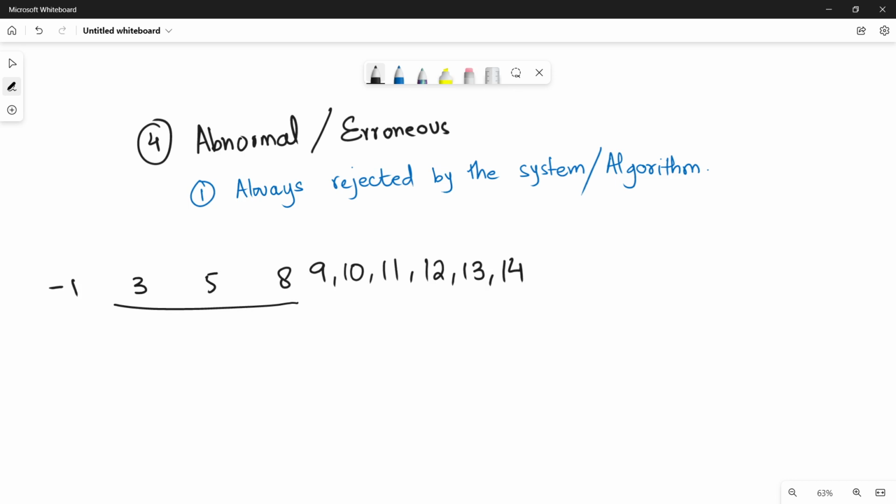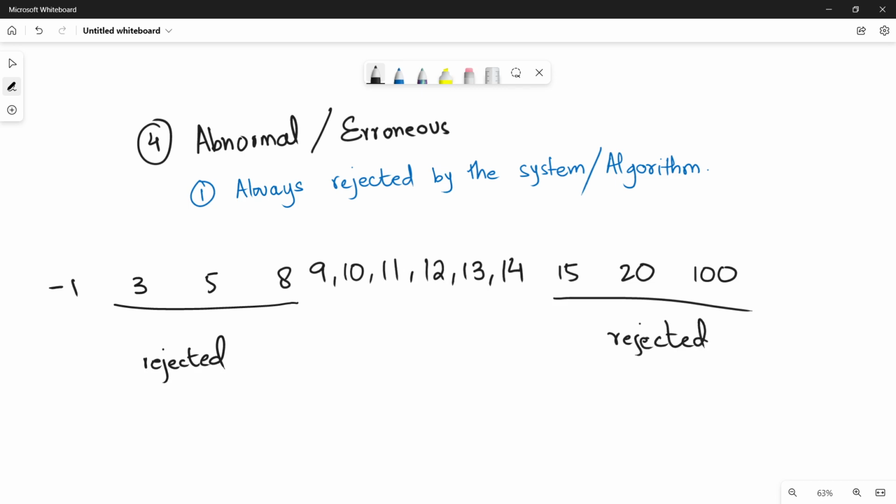And all values after 14, 15, or 20, or even 100, and so on, that are out of the range will be rejected by the system, and that's why they are abnormal data. They will all be considered as abnormal test data.